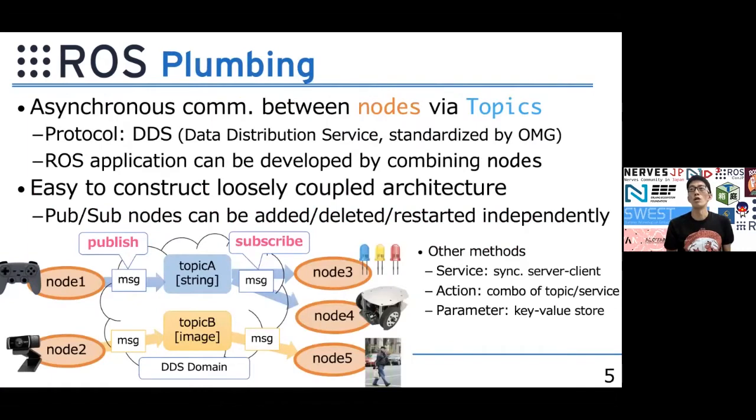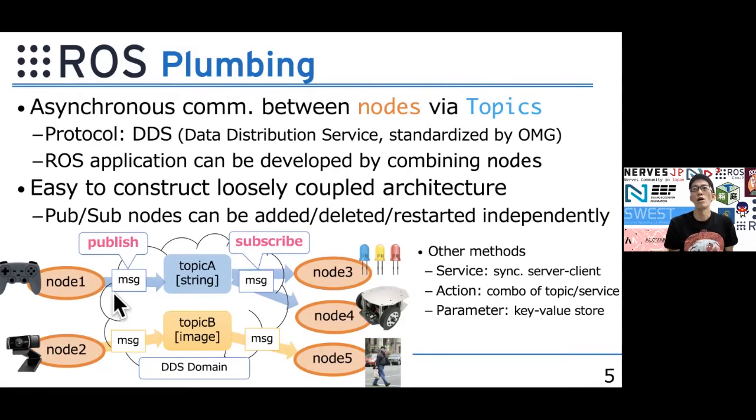Plumbing is the most important feature in ROS. As a plumbing feature, ROS provides a pub/sub-based asynchronous communication mechanism as a middleware. It is designed to support the quick and easy construction of distributed computing systems. The computational unit in a ROS application is expressed as a node.